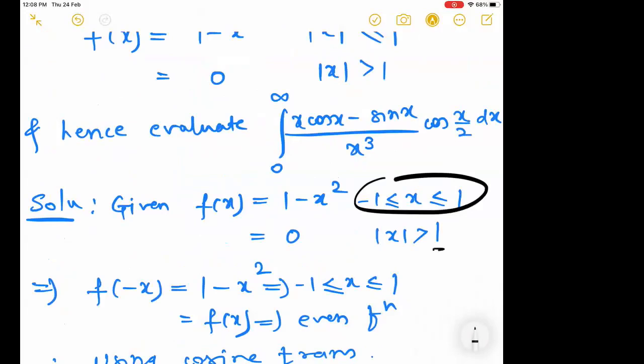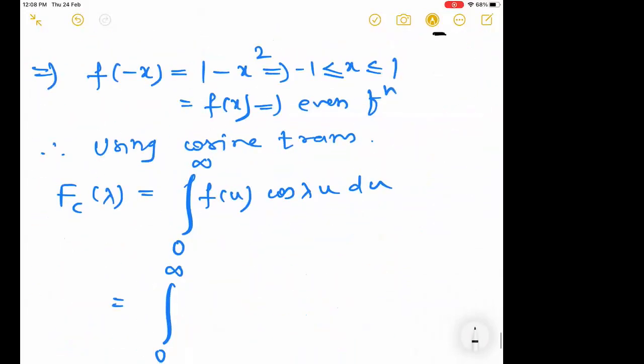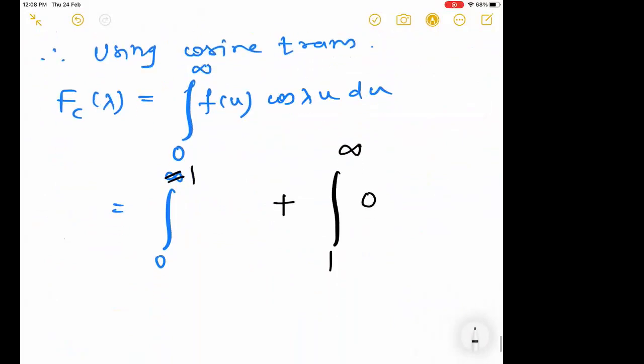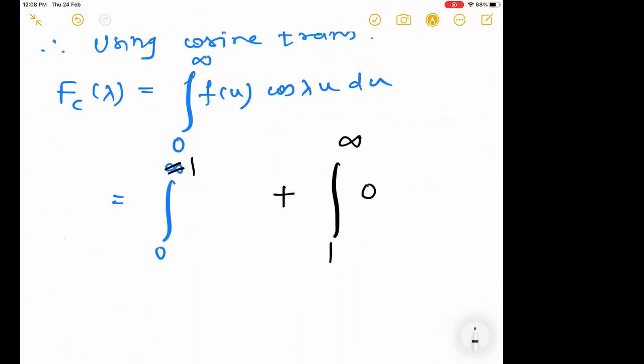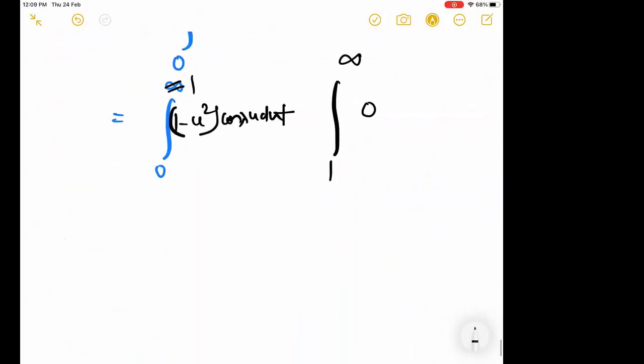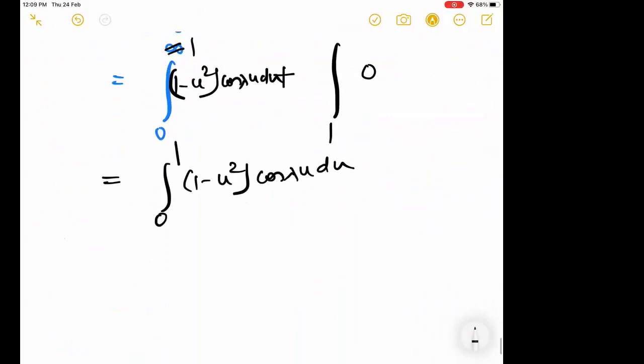After 1, the answer is 0. So you can write this as 0 to 1 plus 1 to infinity, and the 1 to infinity part is 0. The 0 to 1 part is (1 minus u square) into cos(lambda u) du. Only that much is to be simplified. So we have to find the integral of (1 minus u square) cos(lambda u) du. Which method will you apply here for integration?